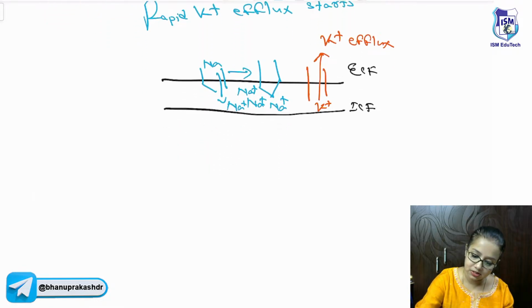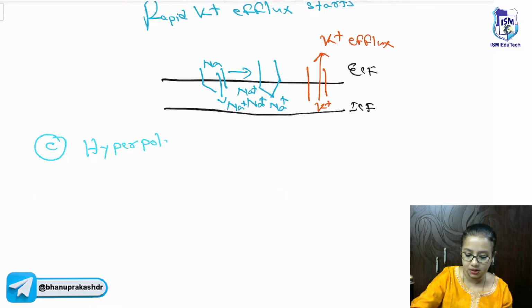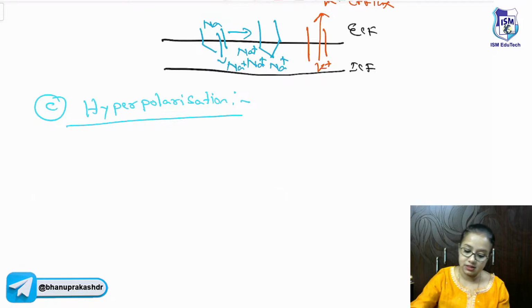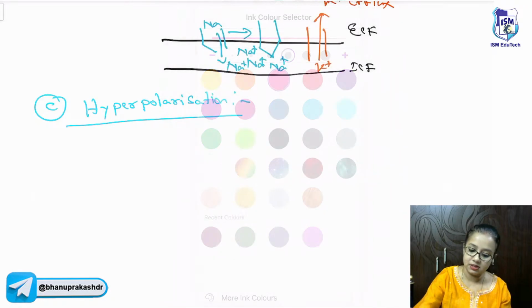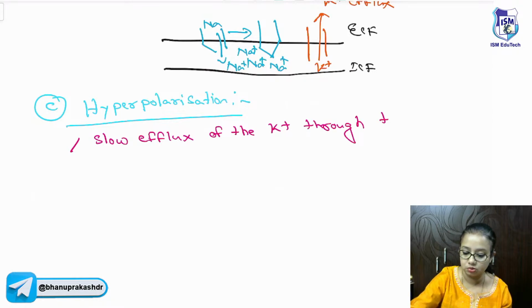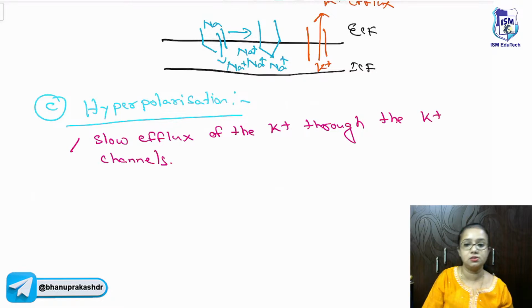Now, what happens in the third stage? The third stage is hyperpolarization. What is hyperpolarization? Here the ionic basis is slow efflux of potassium through the potassium channels.